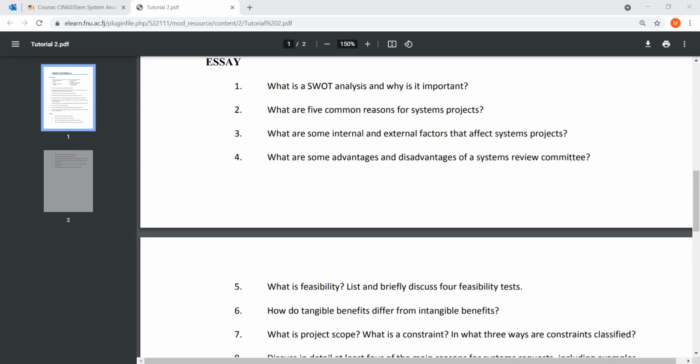Next disadvantage, compromised decisions. Put down a dash.